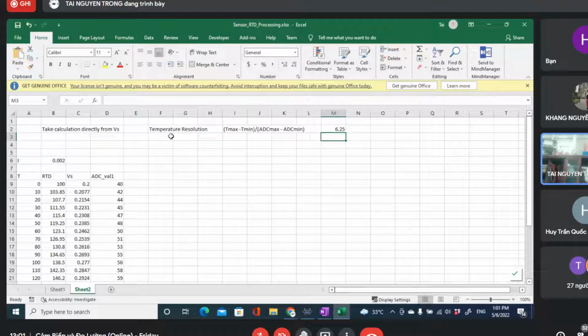Okay, and the resolution in this case is 6.25.